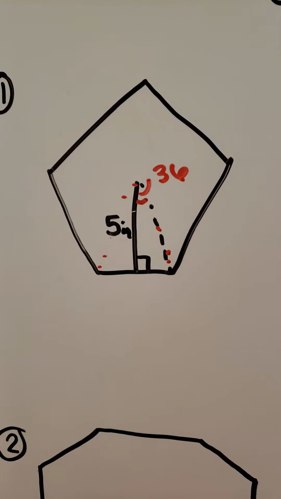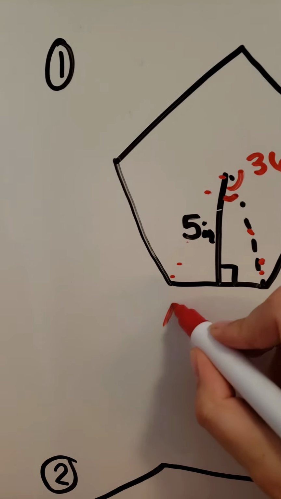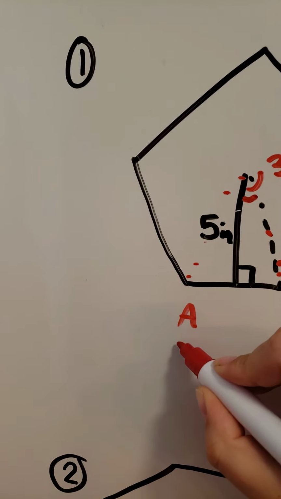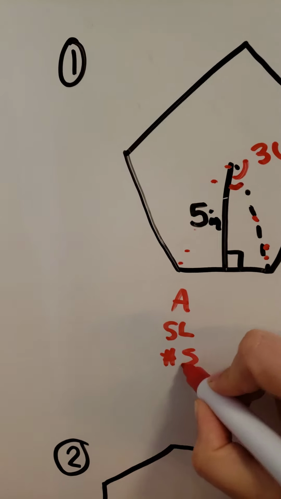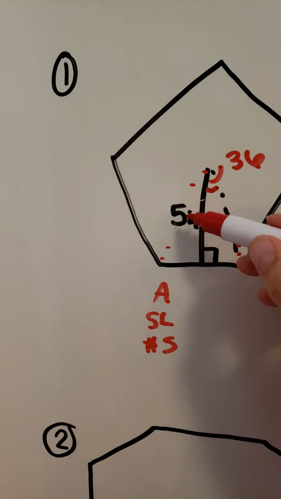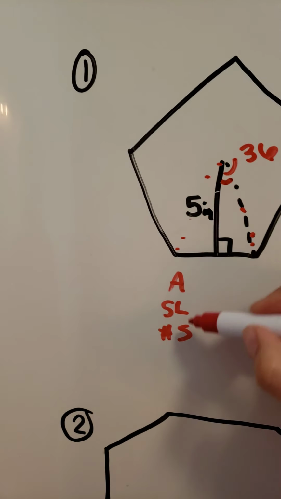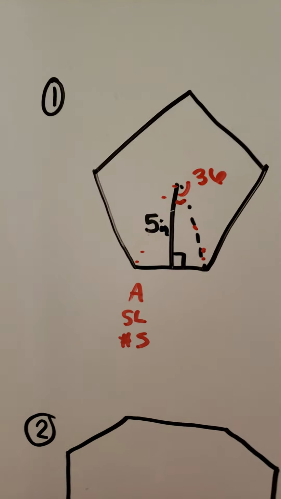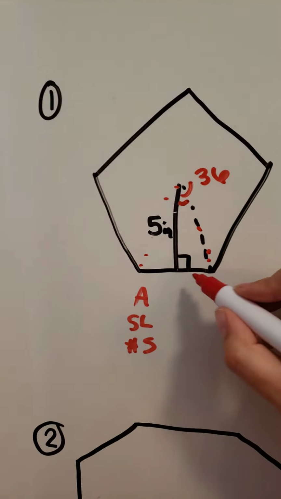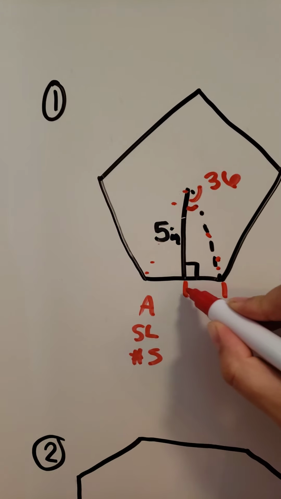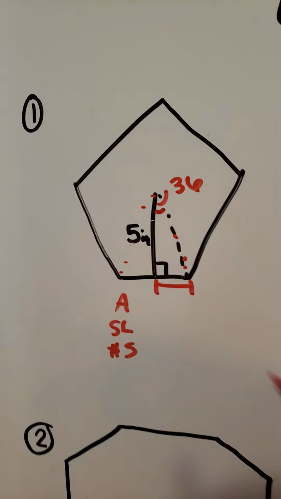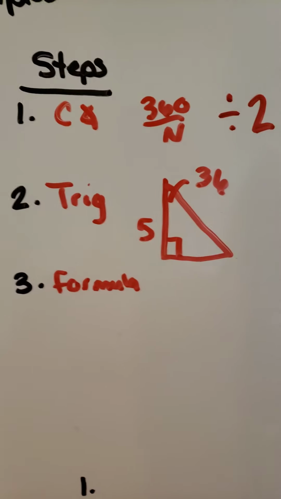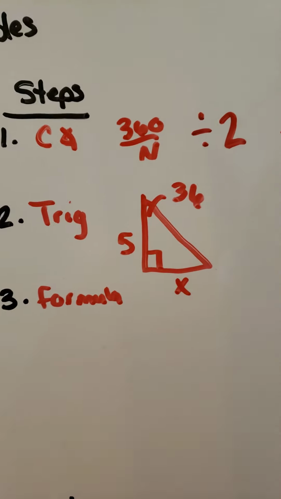Well, what do I need? I need an apothem, I need a side length, and I need a number of sides, right? I have my apothem. I know my number of sides. Do I have my side length? No, I don't. But if I find this value here, can I get my side length? Yes, I can. So I'm going to put a little X there. I'm going to go over here and I'm going to put a little X.